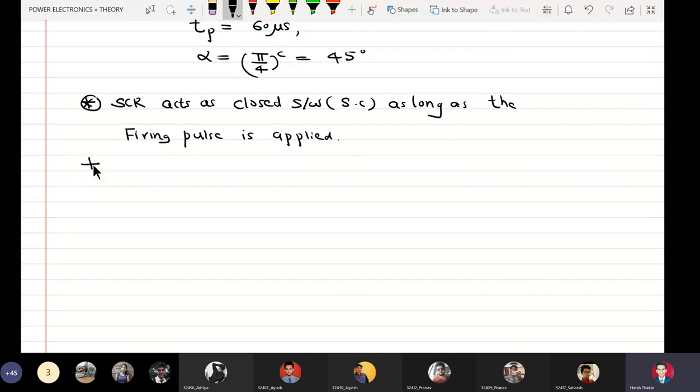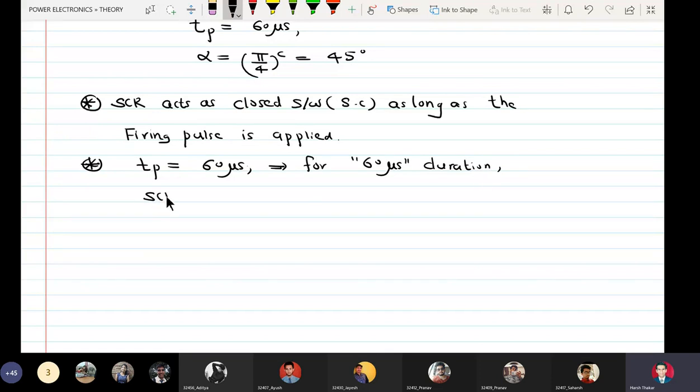Okay, so as per this rule, the firing pulse width is 60 microseconds. That means for 60 microseconds duration, SCR acts as a short circuit.